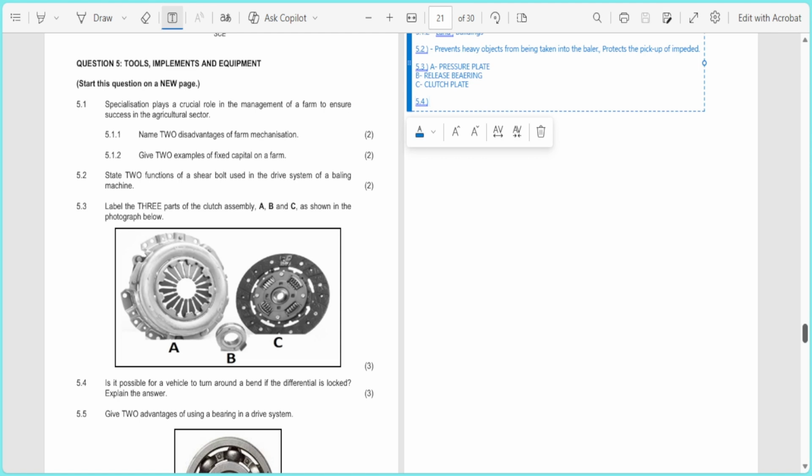If it's locked, both wheels are forced to turn at the same speed, which will cause wheel hop, tire scrubbing, and potentially damage the drivetrain. In farming, differential locks are used in straight line traction situations like plowing, but they must be disengaged for turning.